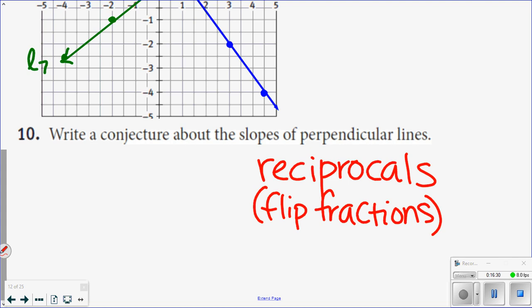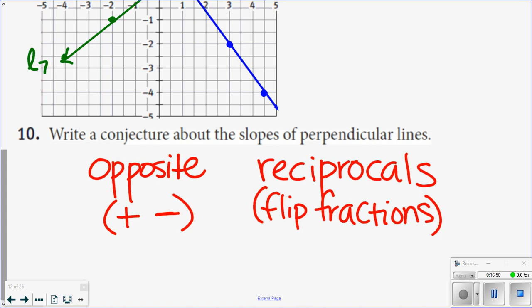Perfect. What else do you notice? The signs are different. So we call those opposite reciprocals, which means one has a positive sign, one has a negative. Good job.